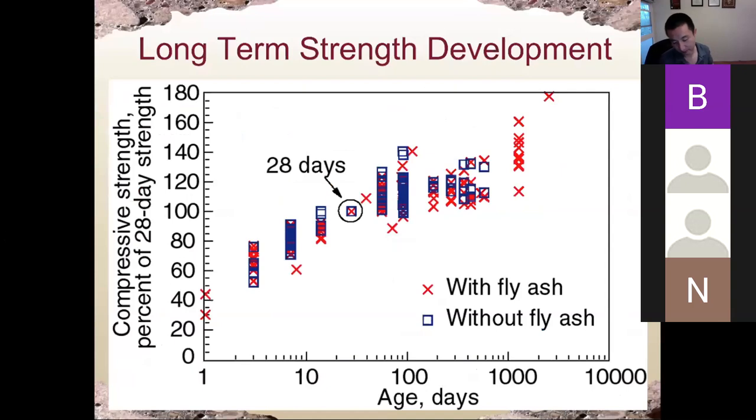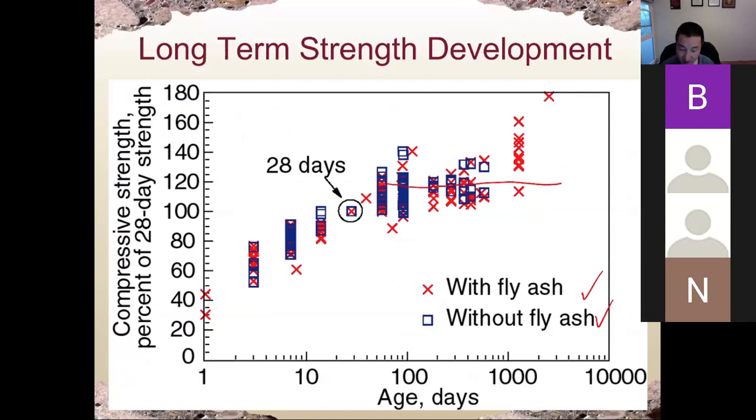So this figure shows us the long-term strength of concrete with fly ash and without fly ash. The blue square shows us the data for concrete without fly ash. As you can see, after around a month or so, the curve will be flat, with not too much increase in strength after 1 or 2 months for concrete without fly ash.